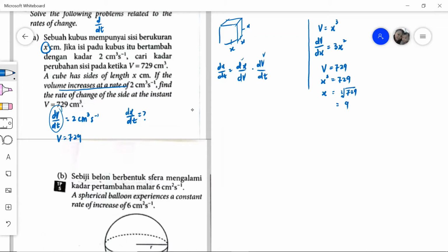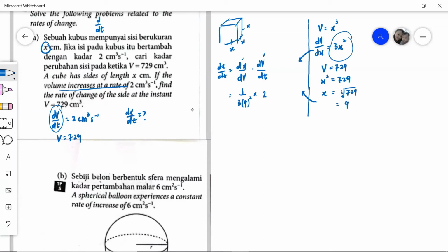With that, we can put the value that we found into our dx by dt. Instead of dV by dx, we have to write dx by dt. So we write its reciprocal, 1 over 3x squared, and the x we just found to be 9. So let's just put the 9 in, and then times the dV by dt given.